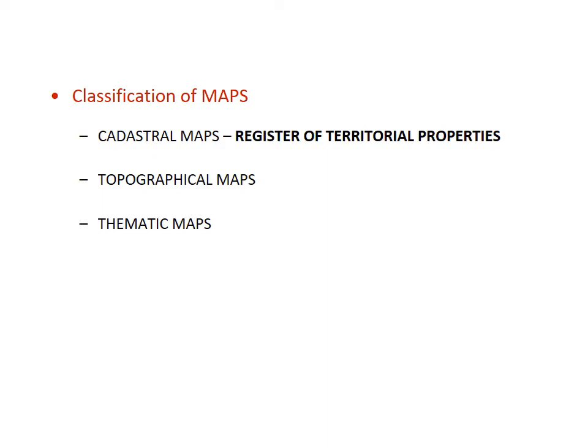For example, a geological map is a thematic map which shows the rock features as the theme. A political map is another thematic map which shows boundaries between different states. A vegetation map is another example of a thematic map that can be used to show the variety of vegetation. So in a broad classification, maps can be of three types: cadastral, topographical, and thematic maps.